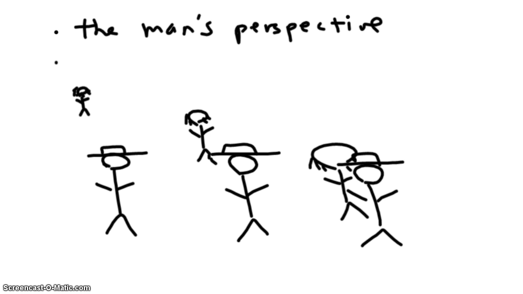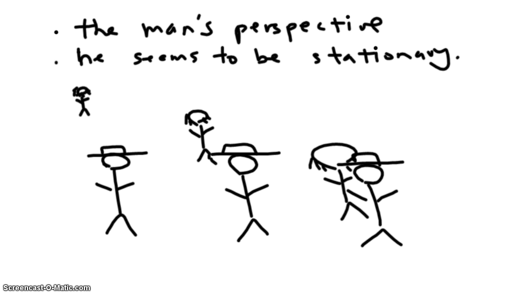Even though he was the one walking, and you were the one who was stationary, it still seemed to him as though you walked and he stood still. So he seems to be stationary. If we take his perspective, it's sort of like he is stationary.